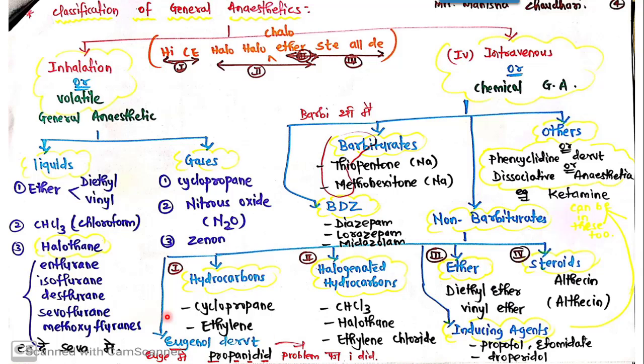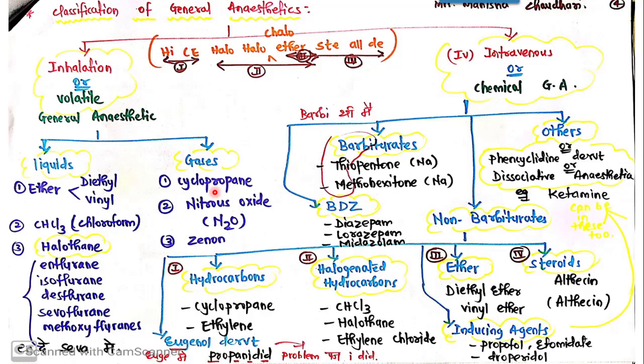Before correlating, I would like to focus on the names hydrocarbons and halogenated hydrocarbons. In liquids we have seen chloroform, whose formula is CHCl3, which means it contains carbon, hydrogen and halogen. But in the cyclopropane structure, it contains only carbon and hydrogen.